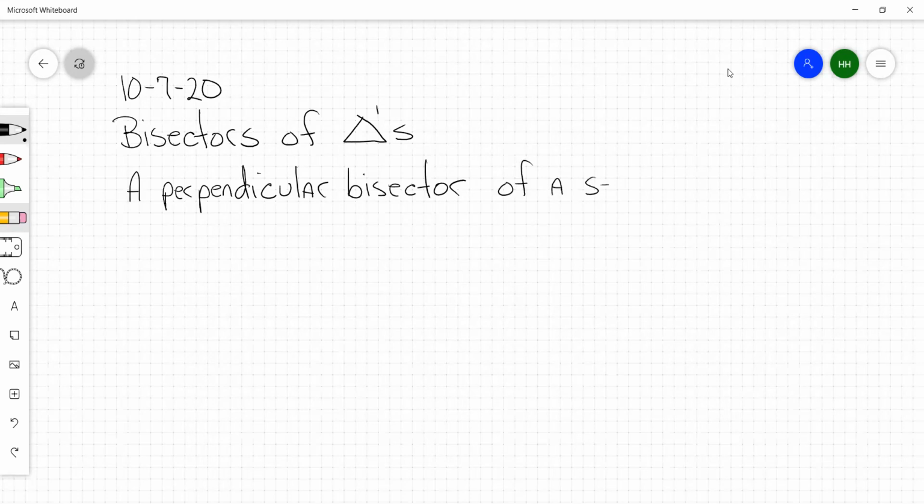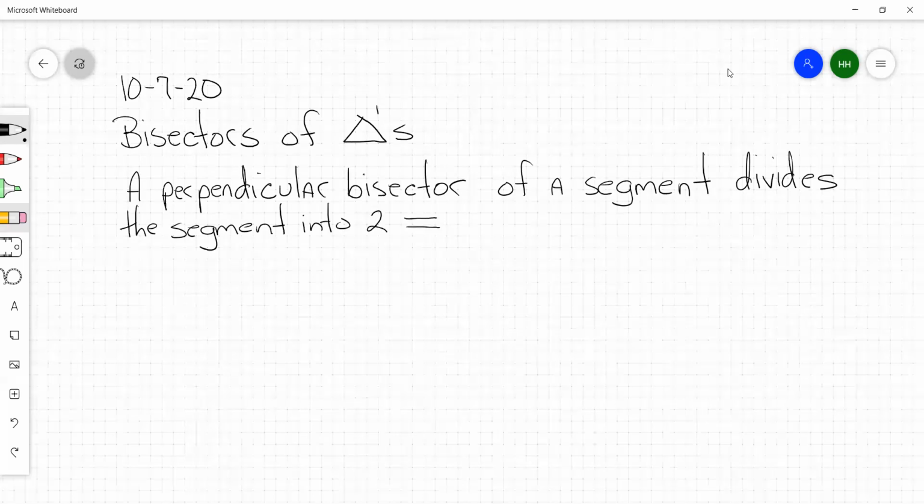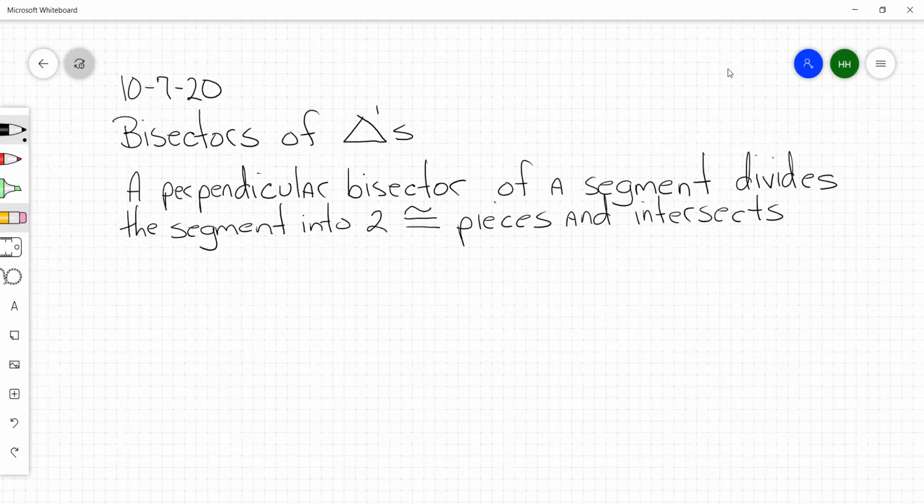A perpendicular bisector of a segment divides the segment into two congruent pieces and intersects the segment at 90 degrees.